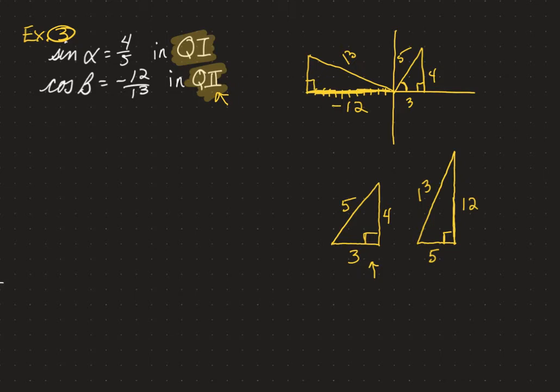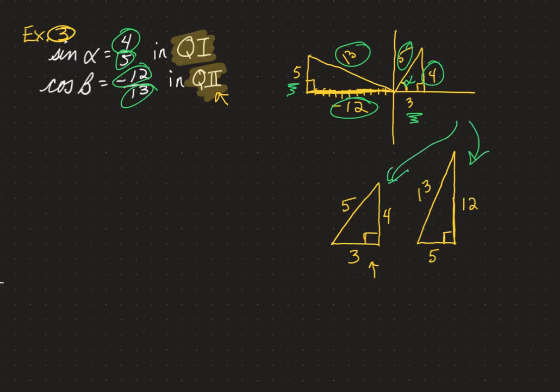You can go ahead and fill in what's missing. Notice they gave us the 4 and the 5 for alpha. They gave us negative 12 and 13 for beta, and we were able to fill in the other two values because we're familiar with these two special triangles. And if these were not special triangles, we could use the Pythagorean formula.